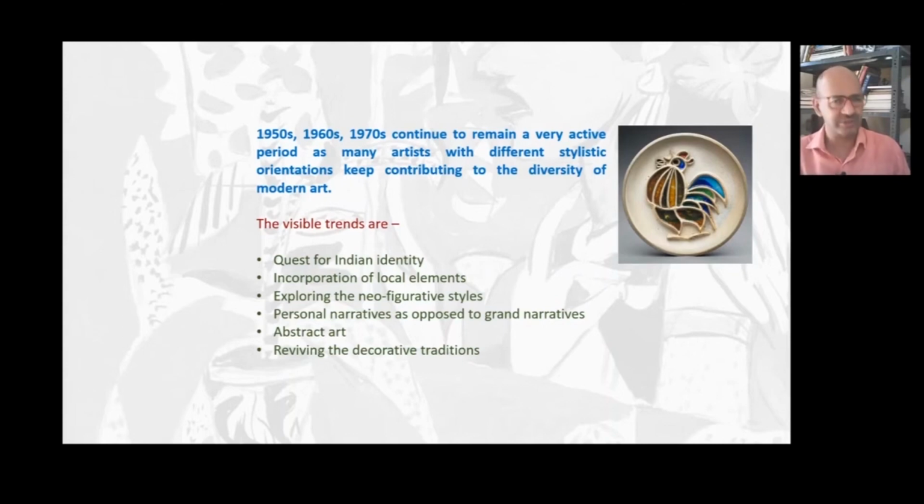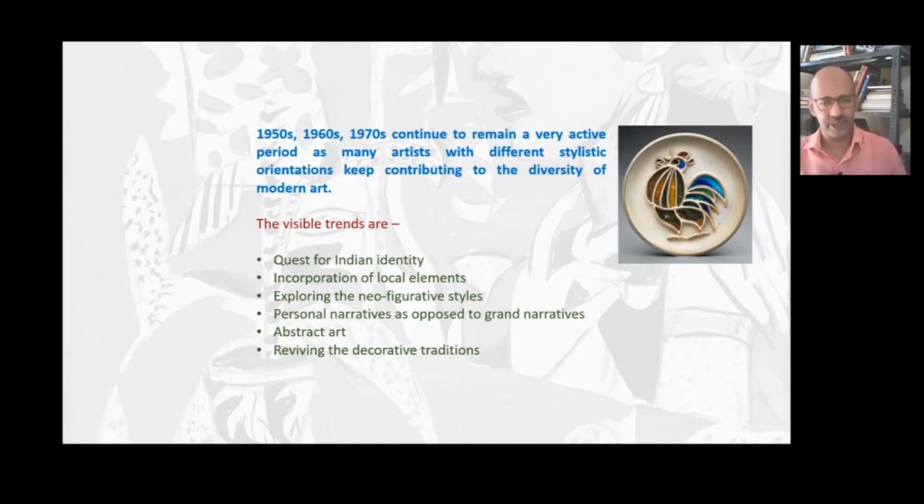And this is not going to stop, because we also need to keep in our mind that we are talking about a country like India with a huge diversity in language, in culture, in history. Therefore, this is not surprising that the modern art history of that same country is also going to show a lot of diversity.